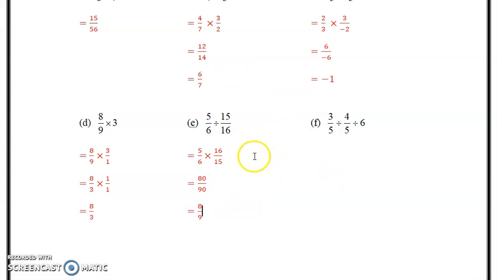Okay. The next one is a little different. We have divided. We have basically 3 terms of divide. So the first fraction is going to remain the same.